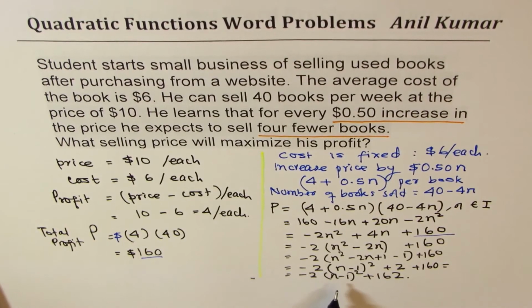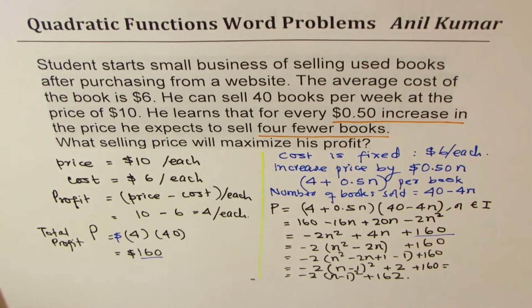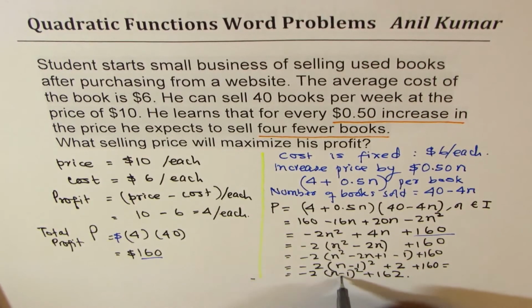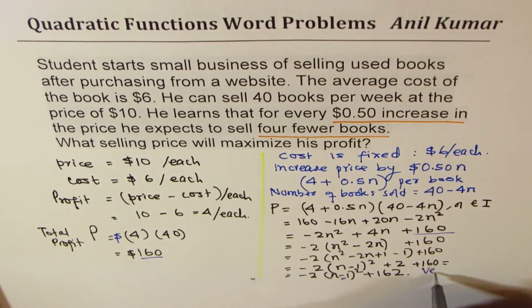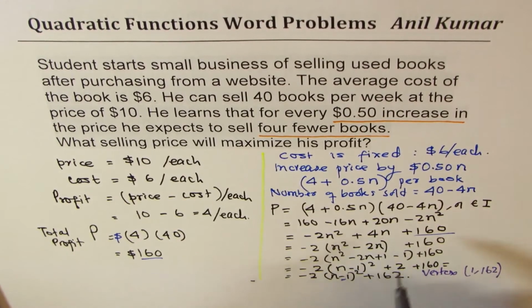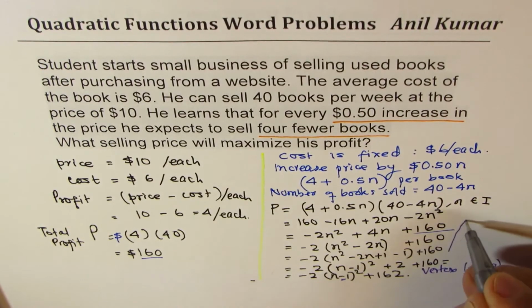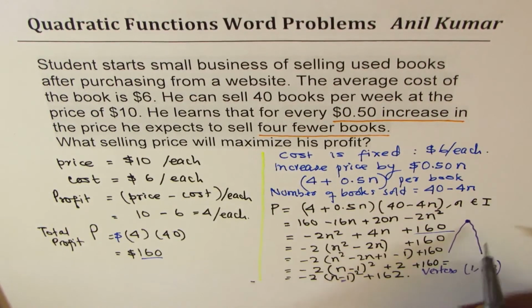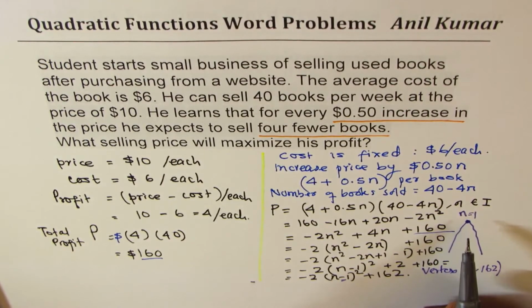So by increasing the price with n equal to 1, the vertex is at 162, right? Since this is negative, we're talking about a parabola like this. And for n equal to 1, we have maximum profit.